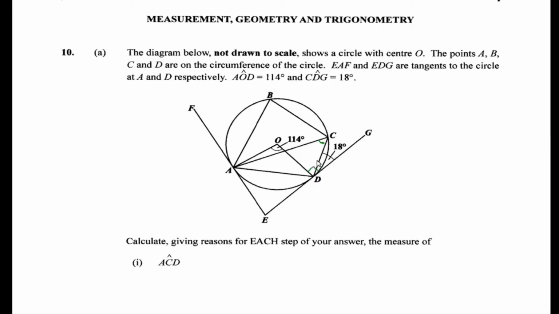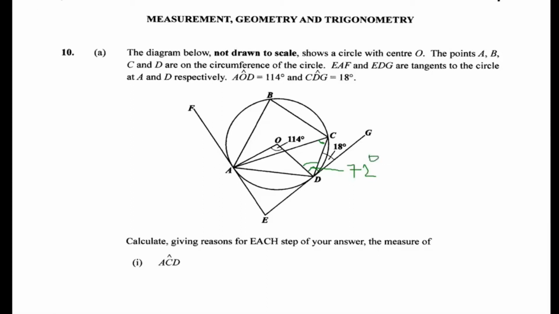That is telling us something very important: that the angle right here is 90 minus 18, which is 72. So this angle in there is 72. All right, so that's a very important bit of information.